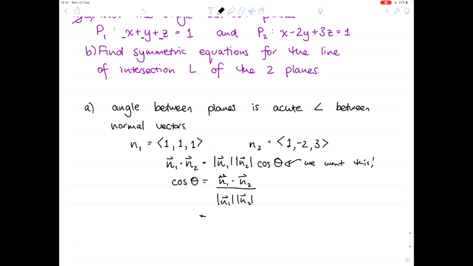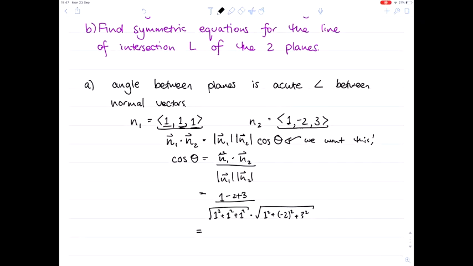If we work out the dot product, we're looking at this vector dotted with this vector. So we've got 1 and then minus 2 plus 3. And our magnitudes, the magnitude of the first vector is going to be 1 squared plus 1 squared plus 1 squared, all square rooted, times the square root of 1 squared plus minus 2 all squared plus 3 all squared.